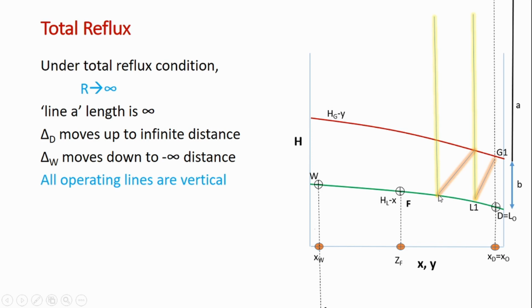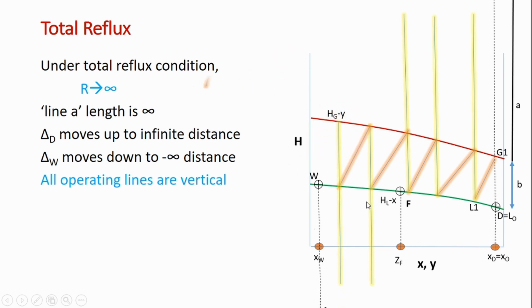Again I will draw another vertical line that will give me G3 and draw a tie line. From this tie line I will get this point, and the operating line is vertical. Draw vertical operating lines. So the tie lines are obtained from the equilibrium plot and these vertical lines are drawn for the operating lines.